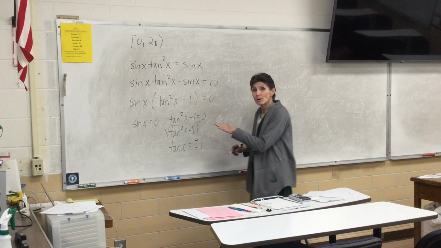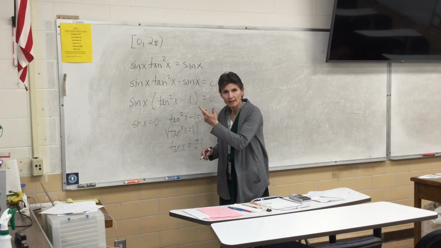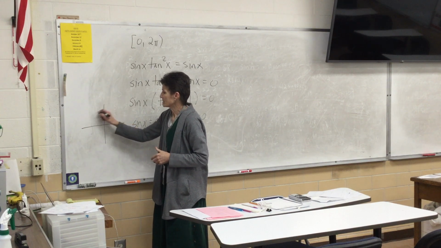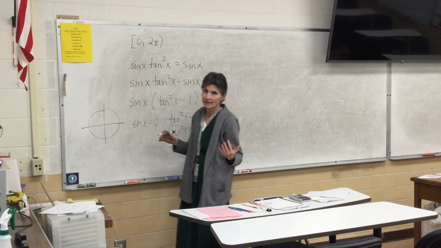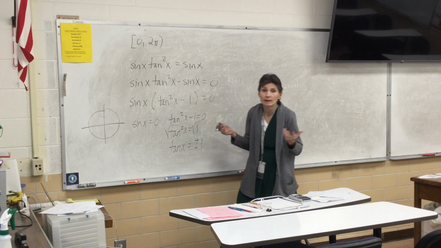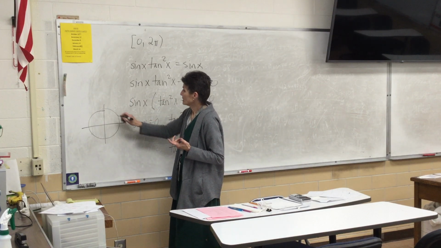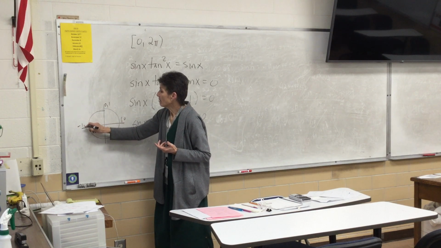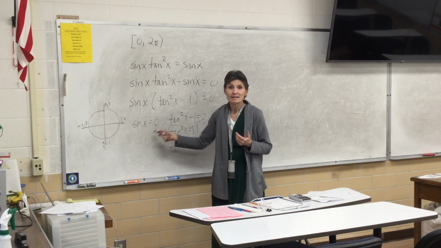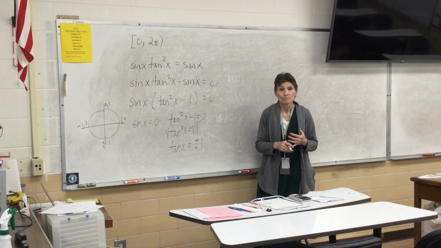Now, whenever you have a 0, we talked about this the other day, you're going to be looking on your unit circle. You can't draw a triangle and do opposite over hypotenuse and all that. If it's a 0, can't do it. So we go around our unit circle, and somewhere on this unit circle, the sine is going to be 0.